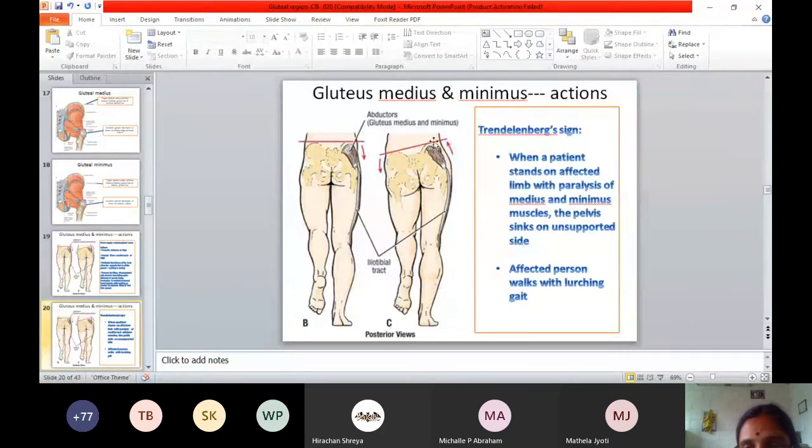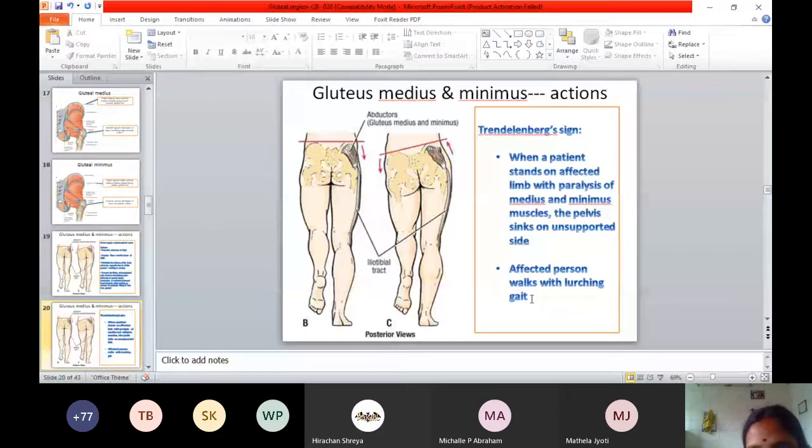But in the paralysis condition, the pelvis sinks on the unsupported side and the affected person walks in a lurching gait. If we were face-to-face in the class, I would have shown you the movement of the lurching gait by walking like that myself. Later on, when you join here, or you can see the video of the lurching gait. Gait means walking.